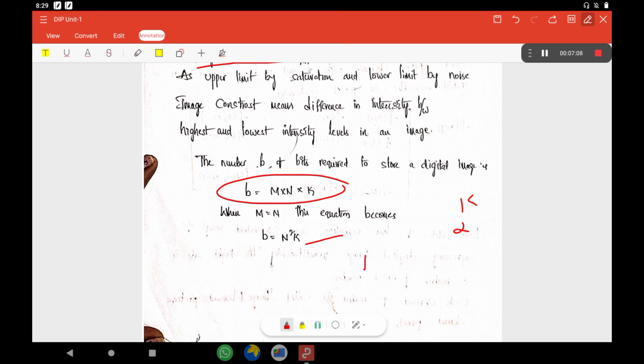So these are the number of bits required to represent a digital image.